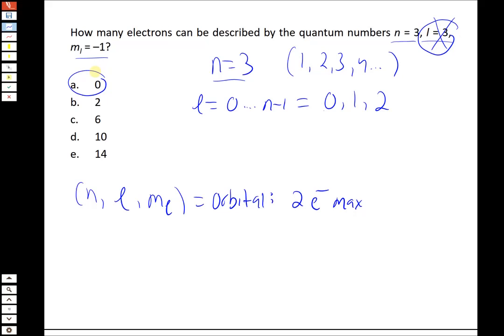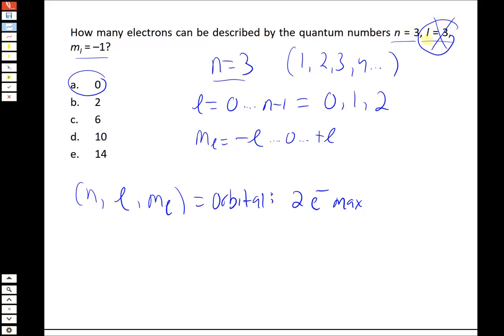I did an example question in class that was very similar to that, where again, you need to first check if the set of quantum numbers we're giving you is valid. If it's an invalid set of quantum numbers, that means there will never be an electron that has that set of quantum numbers. M sub L is given, just to remind you, as minus L to 0, including 0, to plus L. In this case, minus 1 would be fine with that corresponding L value, but again, the L value is not allowed with that value of n.